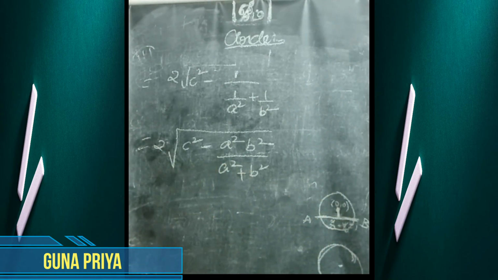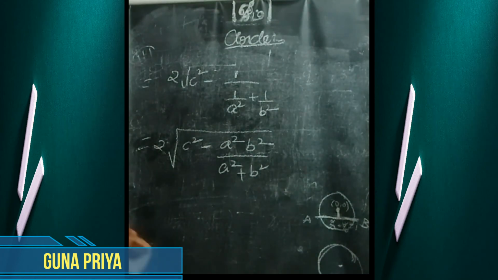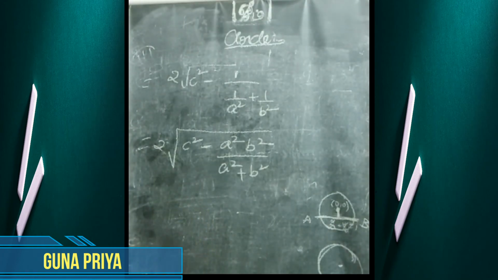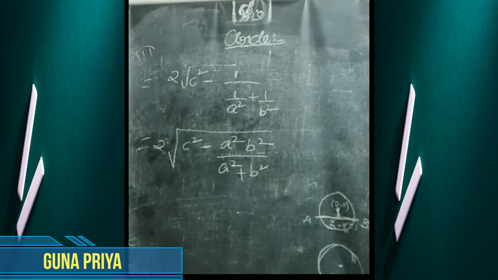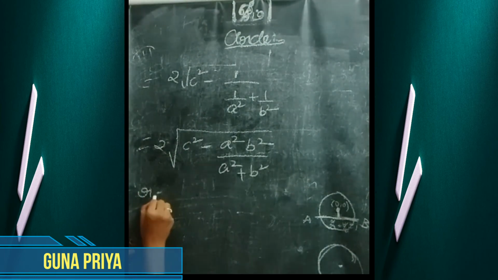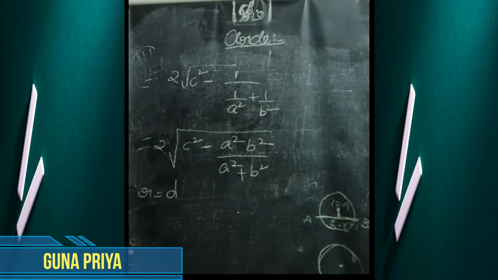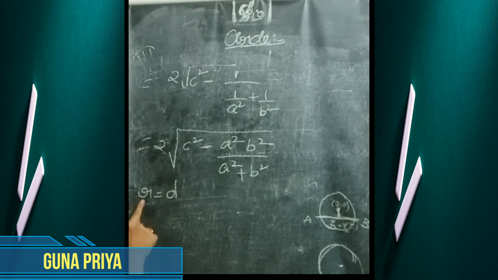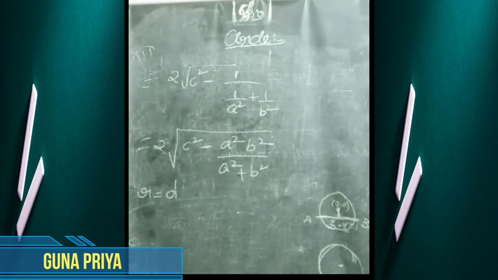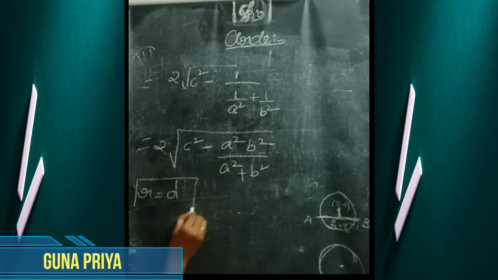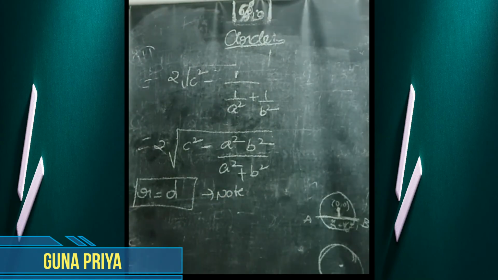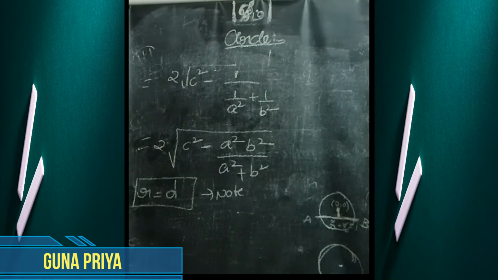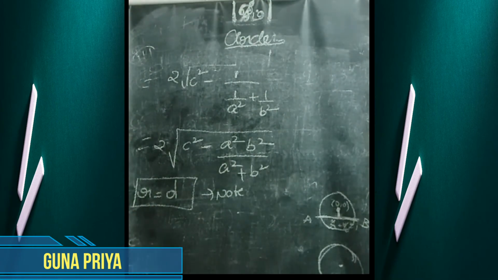But what they have given in the question is to deduce the equation that the line touches the circle. Already I have discussed one note, that when a line touches the circle, the condition is r equals to D. Okay, don't confuse in it. There is a note for this. Already in the previous section I have discussed this note and we have solved one problem for r equals to D also.